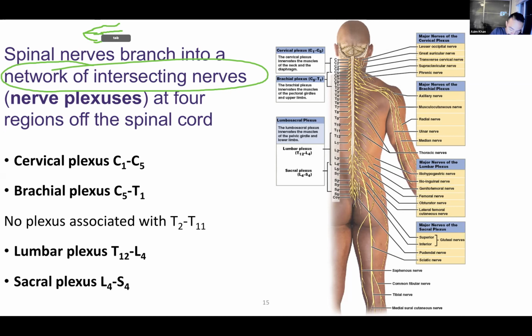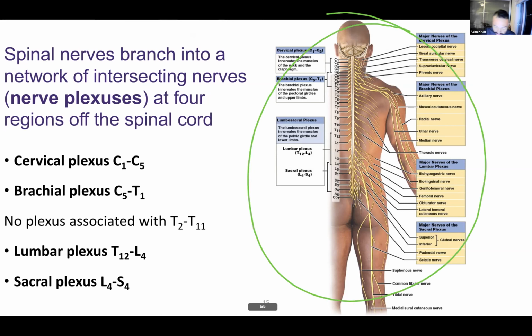They can branch separately, but they can still branch together and then branch separately again. They form a very branchy, interconnected network of nerves. The term for this is a plexus. They form nerve plexuses. And we see this in regions of the body where we have more to sense from or more to control.